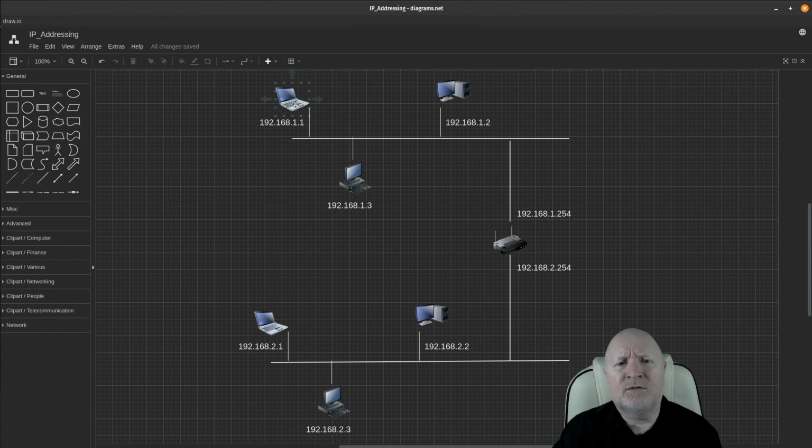So if this laptop, for example, were to send traffic out to 192.168.1.255, which is the broadcast address, it will be sent to every single device in this 192.168.1 network. It's then up to the actual computers to decide if it's of any relevance to them and whether they should respond to that computer or not.